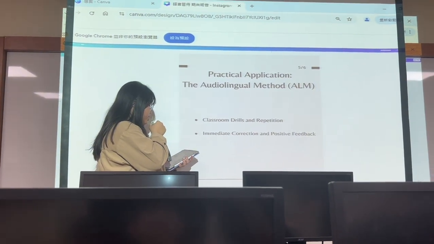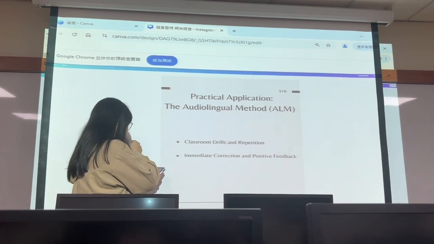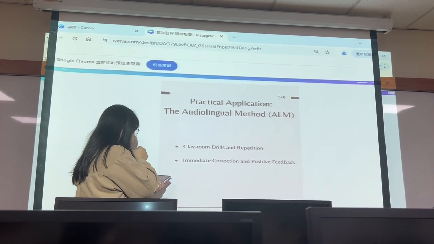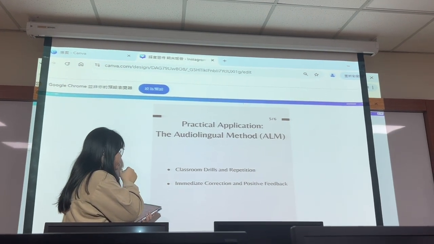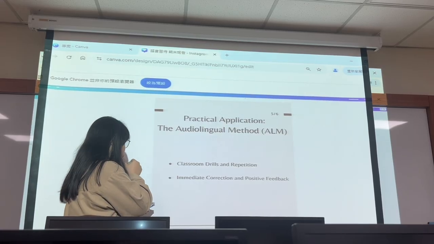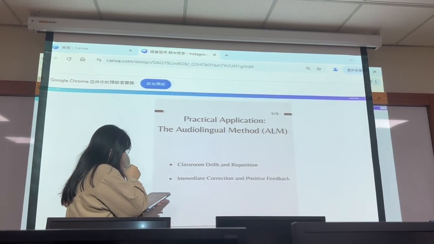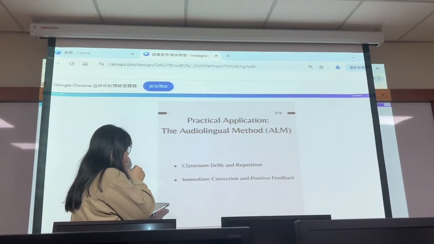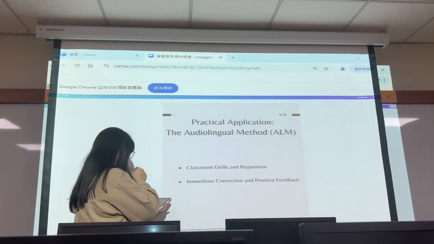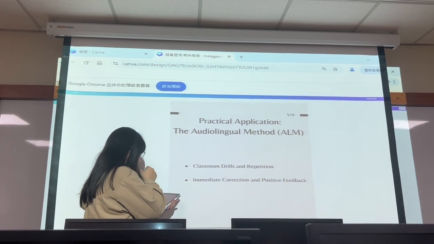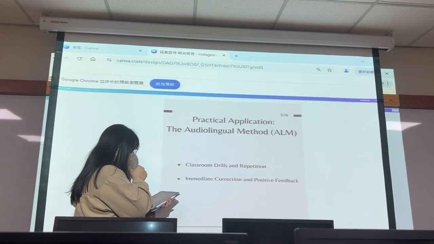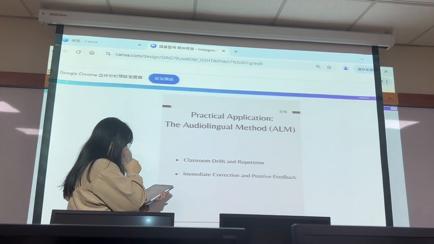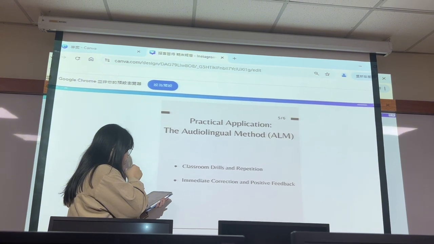Now let's see how the theory is put into practice in the classroom. A great example is the audiolingual method, which was very popular in the mid-20th century. ALM focuses heavily on classroom drills and repetition. Students repeat phrases and sentences again and again until they can say them quickly and correctly without thinking.